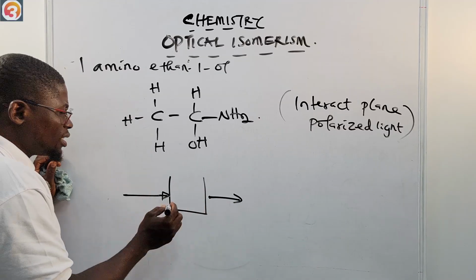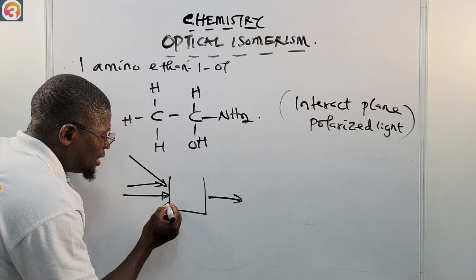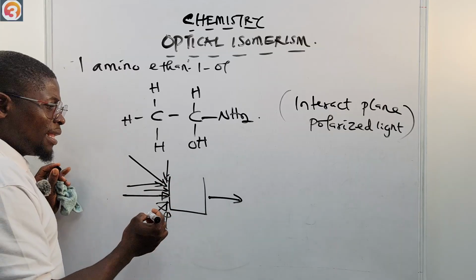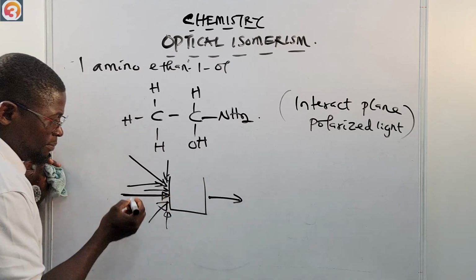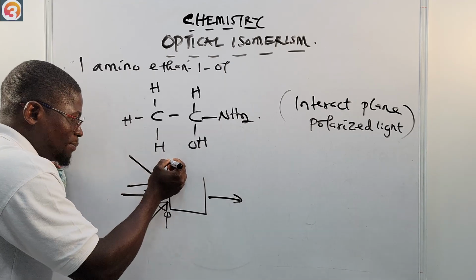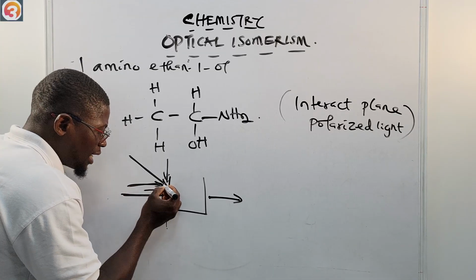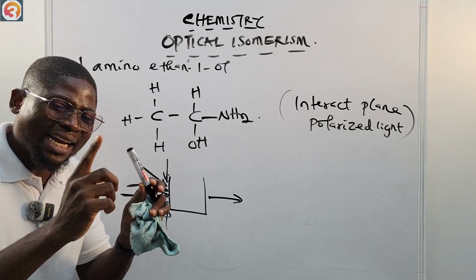If we use light incident from many different directions, we will not be sure which particular one it is that comes out. That is why we use plane polarized light.